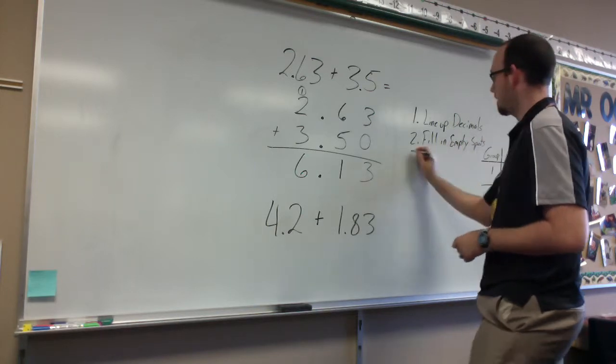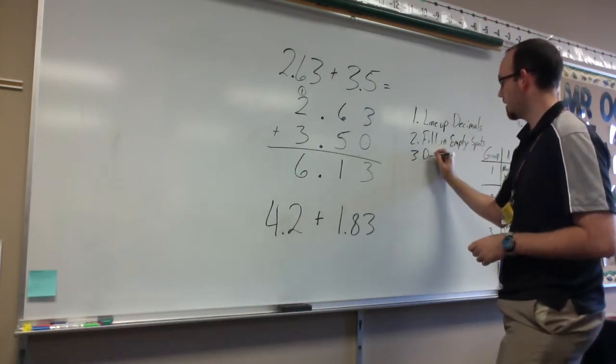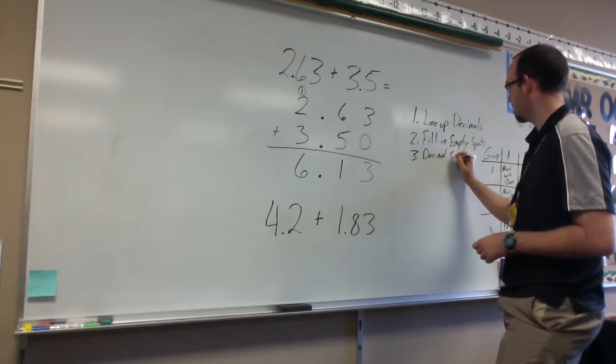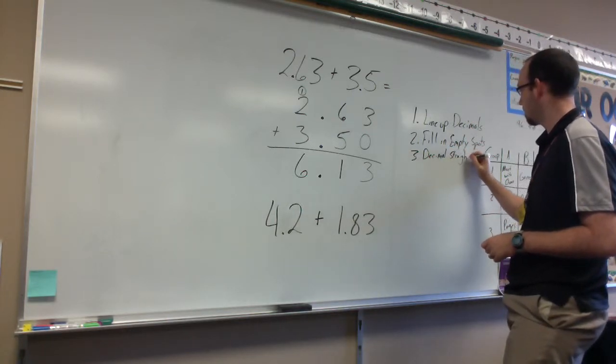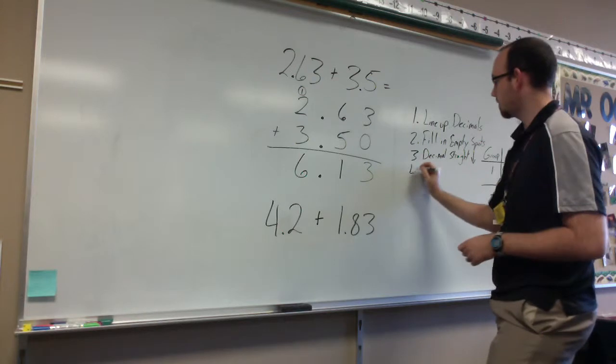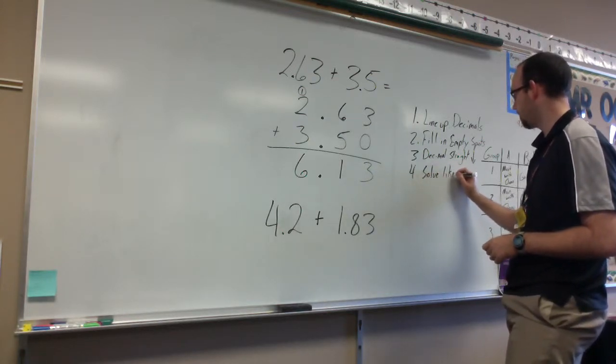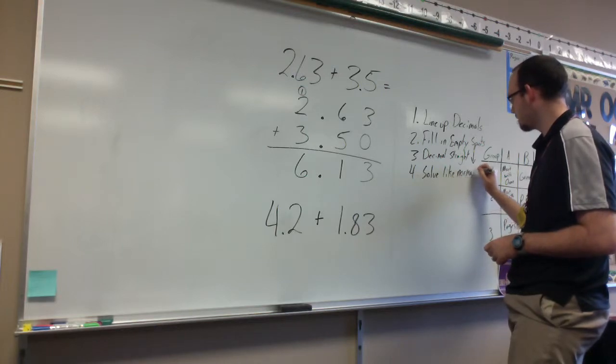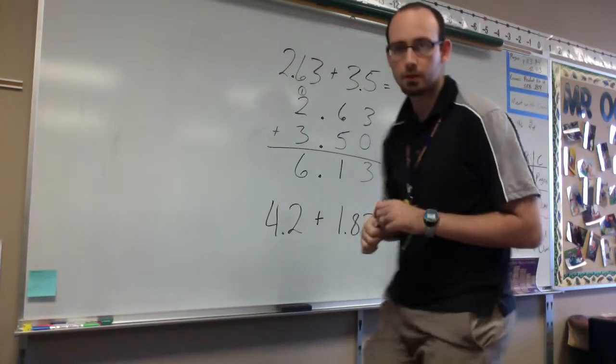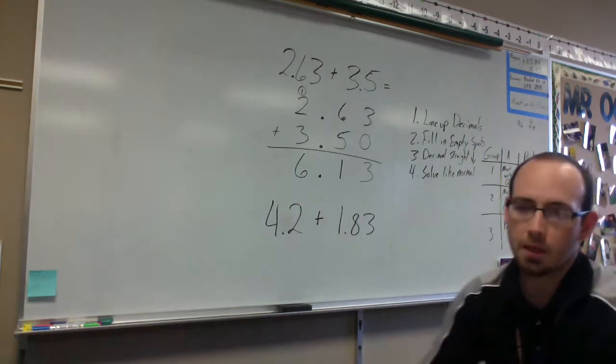Step number 3 is going to be decimal straight down. And step number 4 is going to be solve like normal. Nothing changes in the way that you add or subtract. The only difference is that you are now using decimals instead.